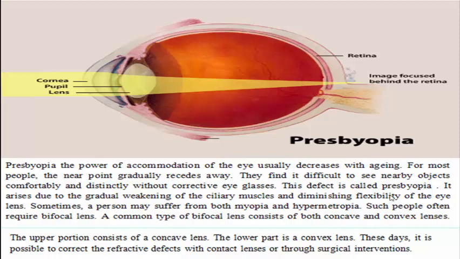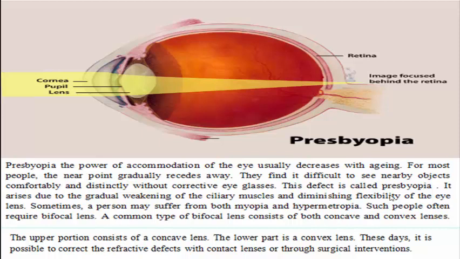They find it difficult to see nearby objects comfortably and distinctly without corrective eyeglasses. This defect is called presbyopia. It arises due to the gradual weakening of the ciliary muscles and diminishing flexibility of the eye lens.